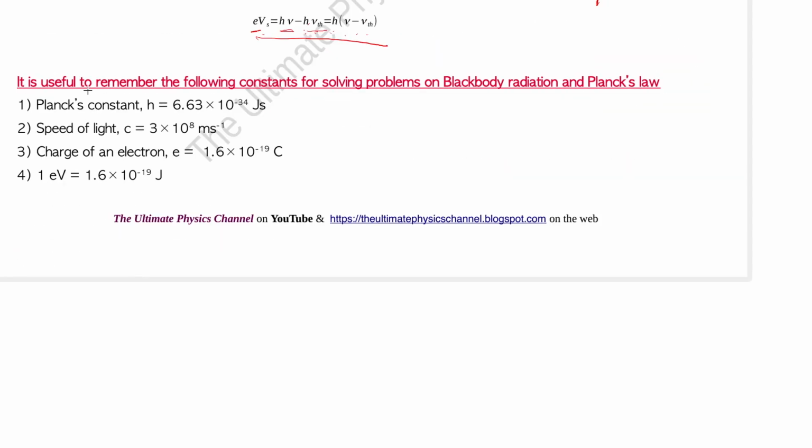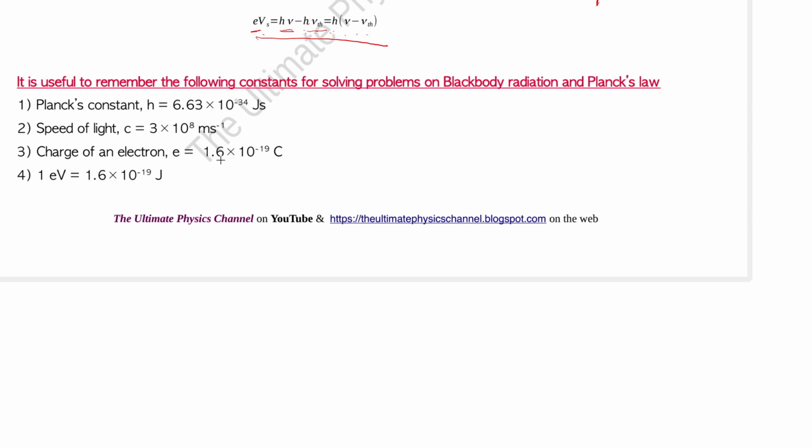It is also important to recollect the values for some of these constants readily. If you remember these constants, it will be very useful to solve problems quickly. Planck's constant h is equal to 6.63 times 10 power minus 34 joule second. Speed of light c is equal to 3 times 10 power 8 meters per second. Charge of an electron e is equal to 1.6, we are taking only one decimal here.